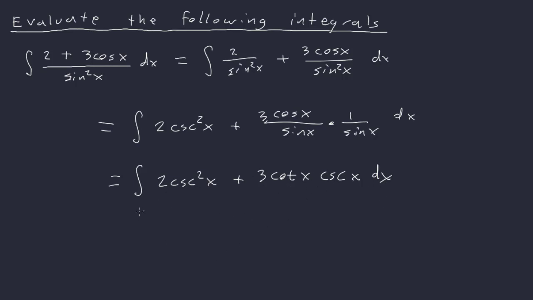We have rules for both of these. The integral of cosecant squared is going to be negative cotangent x, and the integral of cotangent cosecant is going to be negative cosecant x plus c.